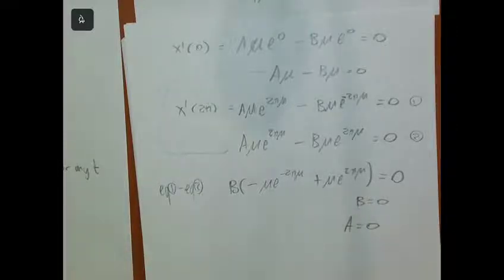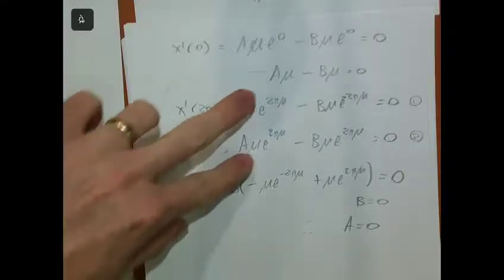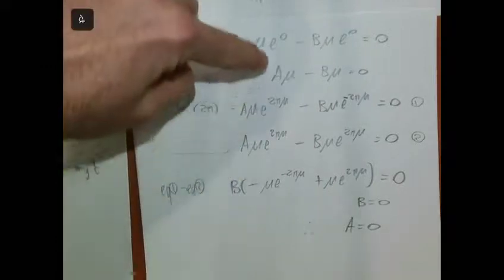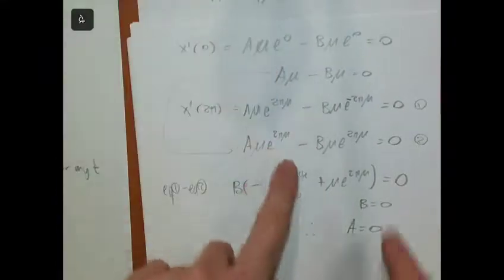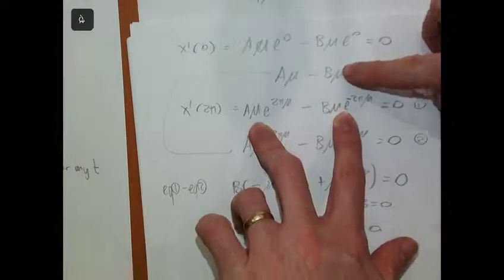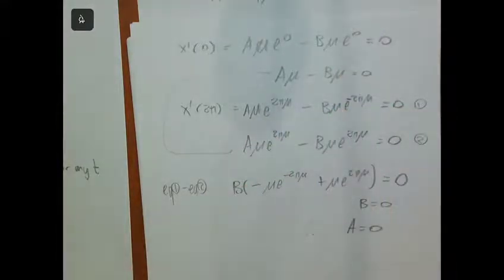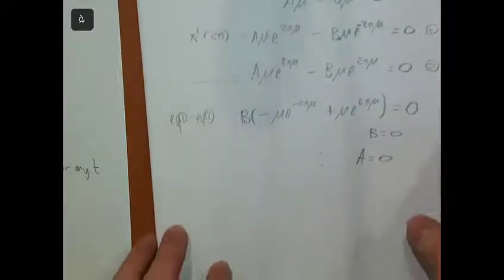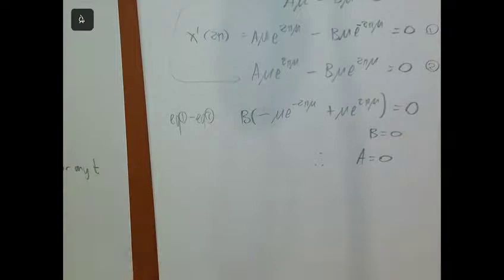If you're very sure of yourself, you can observe that this equation is not a multiple of that equation, because the b mu and the a mu are not multiplied by the same thing here. And since the equations aren't multiples of each other, when you do the row operations, it will come out that a equals 0 and b equals 0. Anyway, that's just the long version for you.